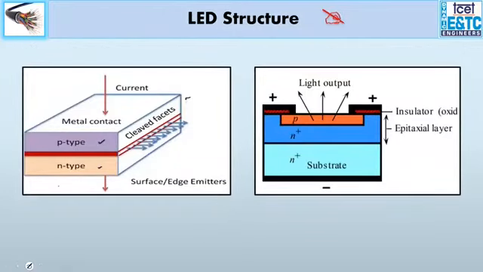Now, how can we improve this LED structure to have an enhanced light intensity with higher efficiency? By using edge emitters. It is again a PN junction, but you have a thin active layer where all the recombinations take place.